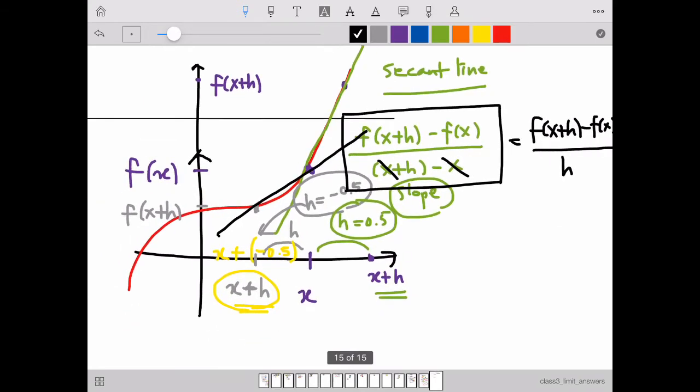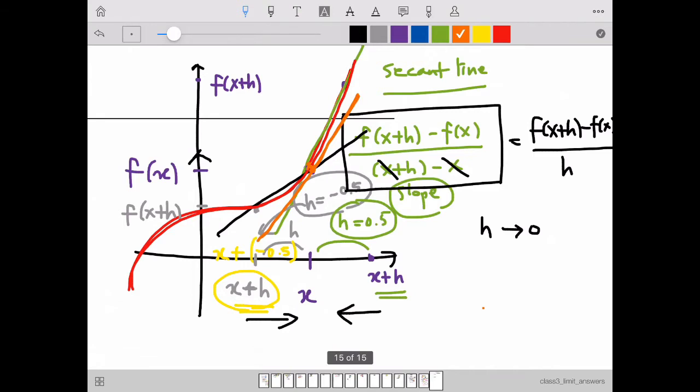And if I keep going, if I take h smaller and smaller, so h approaching 0, my point x plus h approaches x. Then I'll get a line tangent to the graph. See, my original graph was red, yeah? Then I'll get a line tangent to the graph.